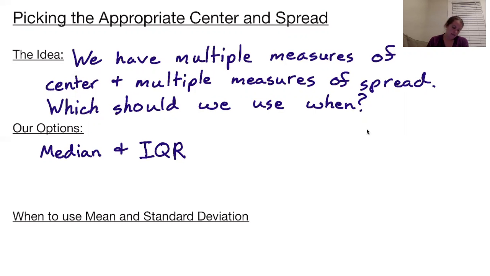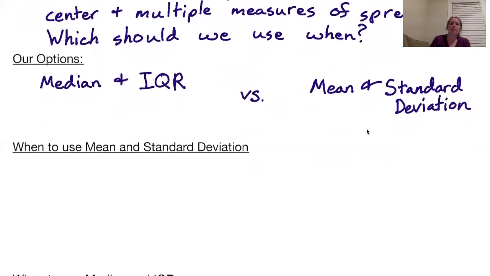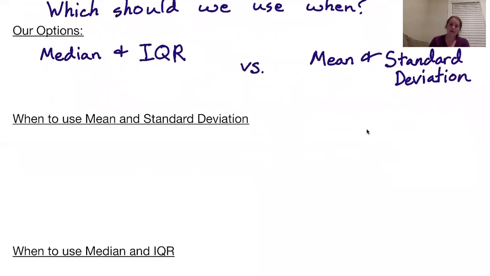Our other option, versus our mean and standard deviation. So we want to know when we should use mean and standard deviation versus when we should use median and IQR.